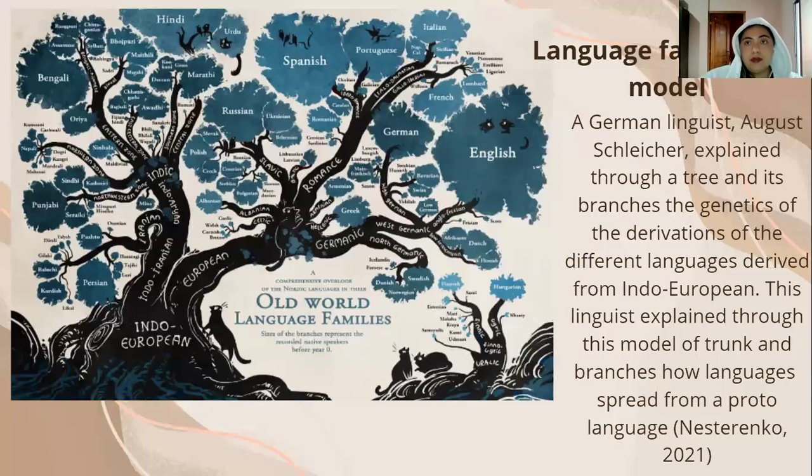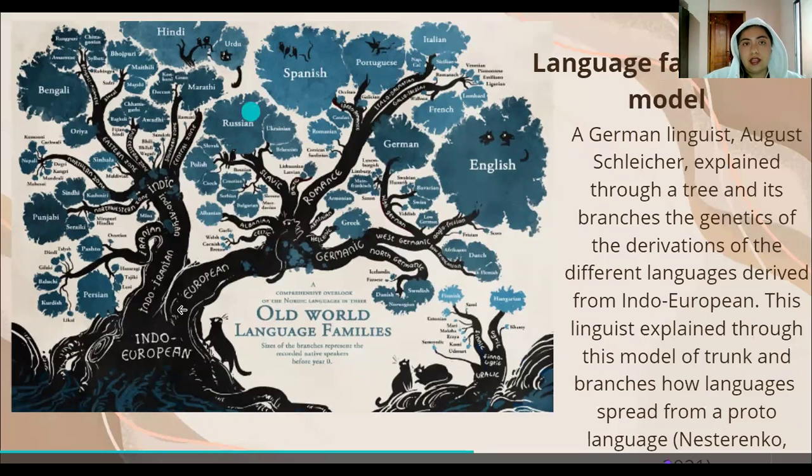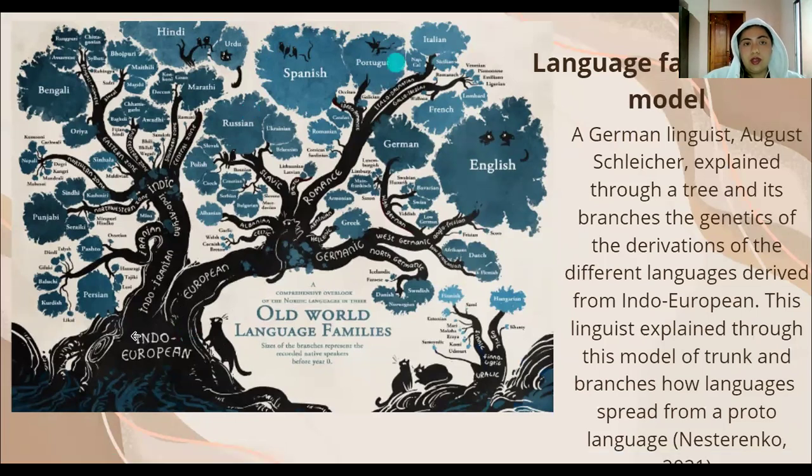Then we have the family tree model. In this picture, you can see the model. It's a tree. Here we have the Indo-European, the branches of European, Romance, or mother, like this.